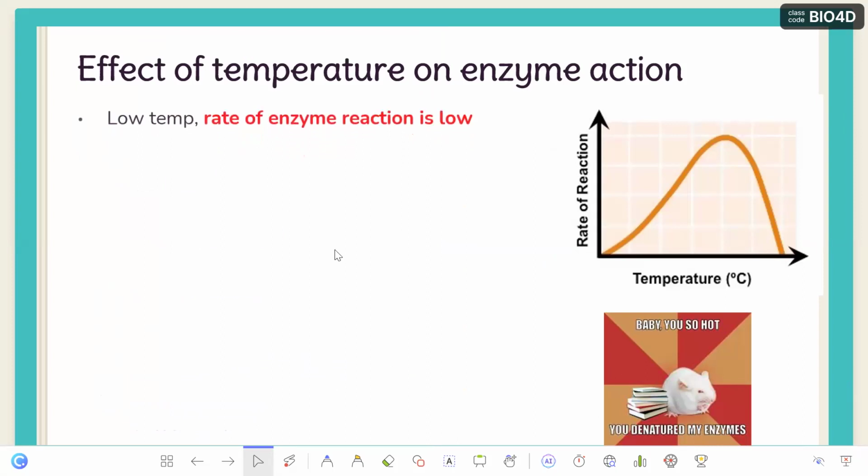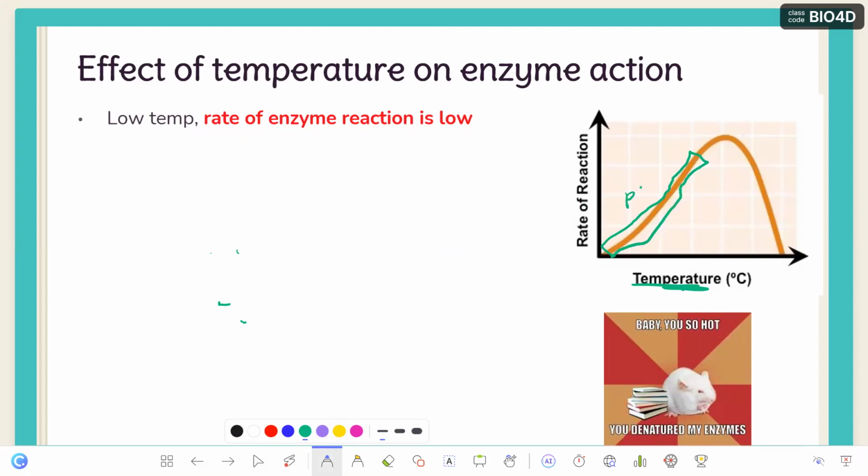Now if you look at this part over here, let me draw. I want to draw green color. Now you look at this graph over here. This is a graph on how the temperature affects the rate of reaction of an enzyme. If you look at this first part over here, let me explain this first part.